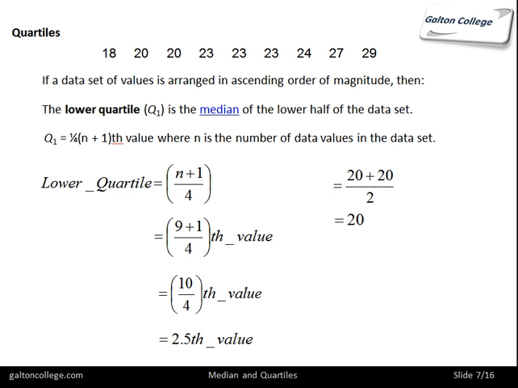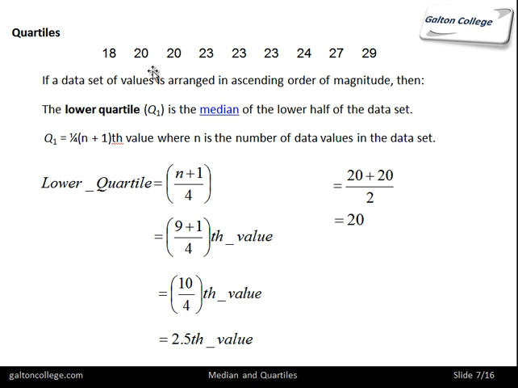Now, if we take our data set above, we have 9 observations. 9 plus 1 is 10. Divide 10 by 4. Here's our formula. Divided by 4, which gets the 2.5 value. 2.5 would be somewhere in here.